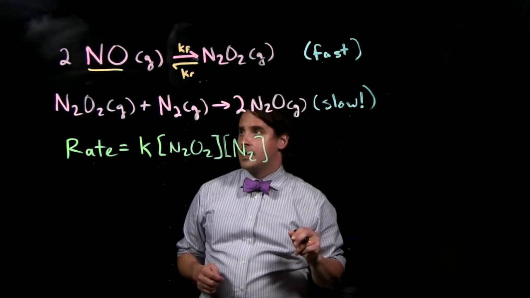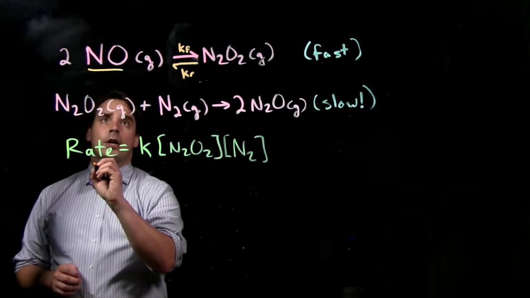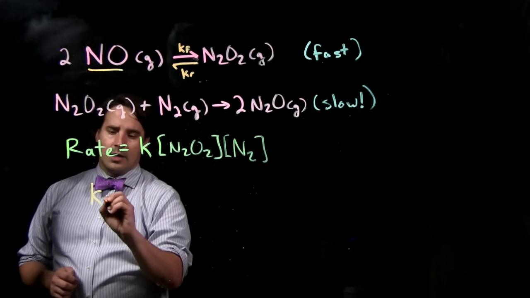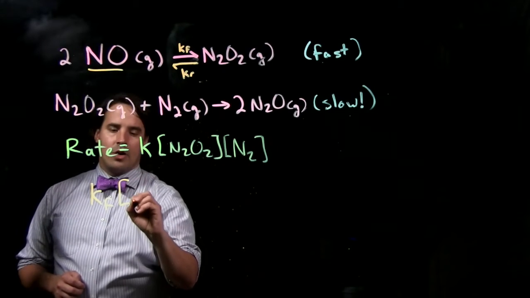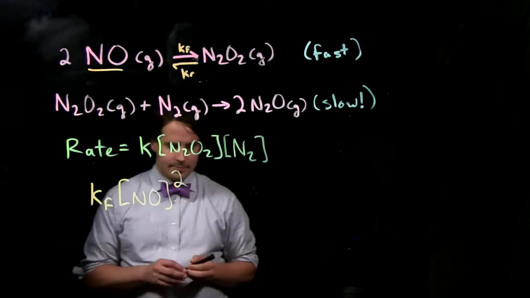Okay, cool. Now then, let's write a rate law for the forward reaction and the reverse. So for the forward reaction, it's going to be k sub f times, and then we've got NO reacting with NO, so it'll just be NO squared.